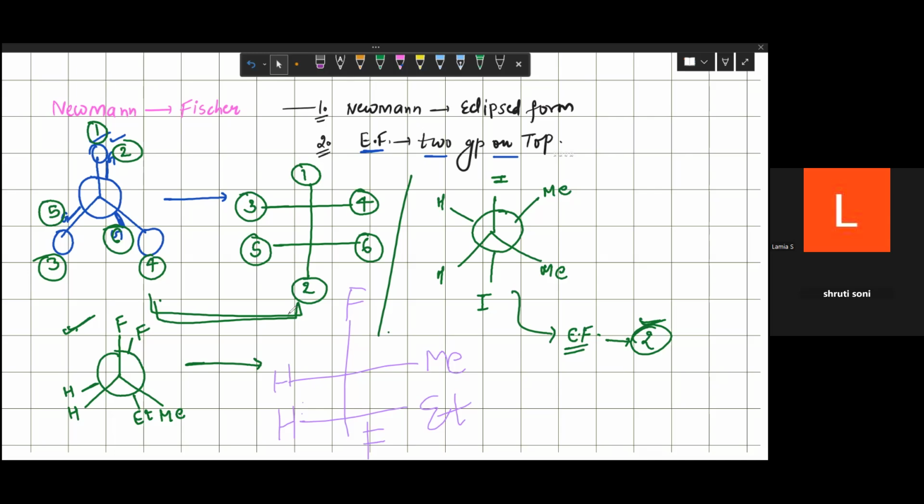I will share with Sir and they will share with you the pictures of examples. The examples are mostly in the staggered form. So what you are going to do is convert the staggered form into the eclipsed and then convert eclipsed into the Newman. Okay?